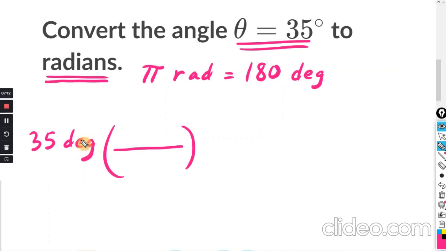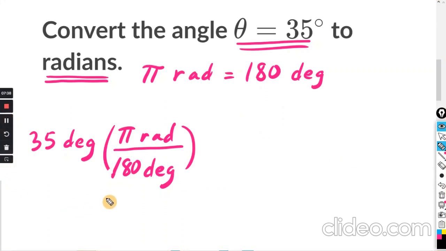As a result, if we have degrees in the numerator, in the fraction, we want degrees in the denominator. And you just use the conversion factor, 180 degrees equals pi radians. All right, so when you have something equals something, you can multiply by 1 over the other.